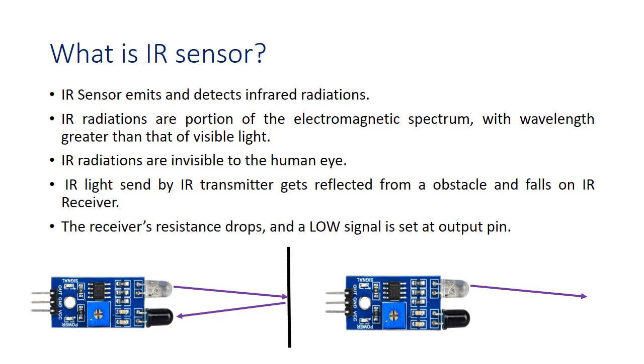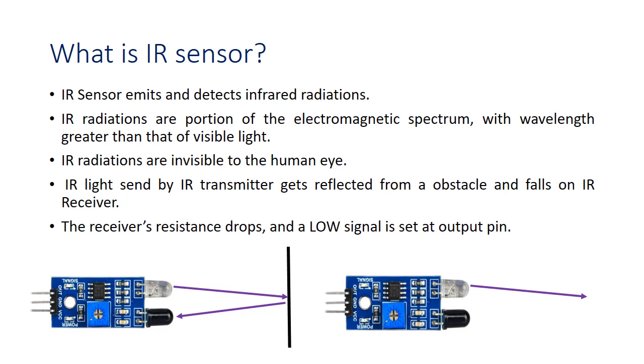IR light sent by IR transmitter gets reflected from an obstacle and falls on the IR receiver. So we can say this is the IR sensor, this is the IR transmitter. It transmits infrared radiations. If there is an obstacle, that radiation gets reflected back, and this is received by the receiver.